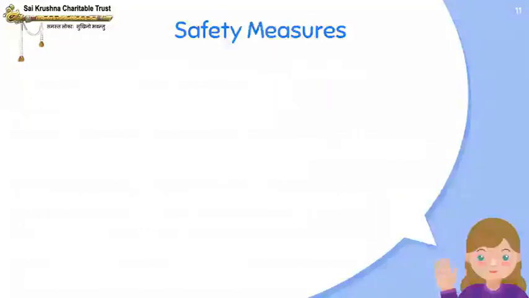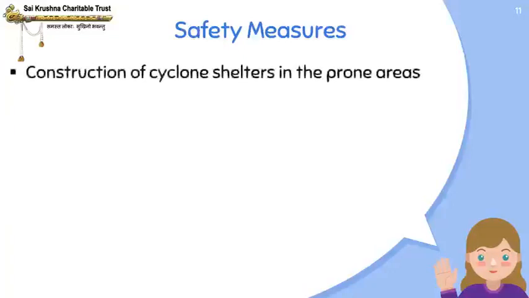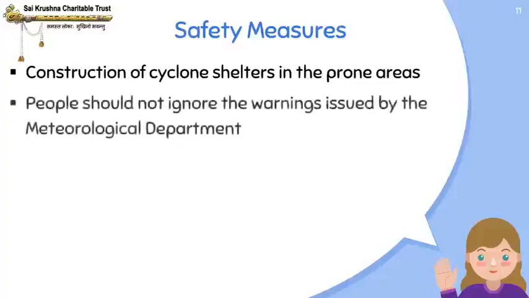So we are going to learn about some of the safety measures for cyclones and thunderstorms. A cyclone forecast and warning service is very much essential for cyclones. Also, construction of cyclone shelters in these cyclone prone areas and administrative arrangements for moving people to safer areas.